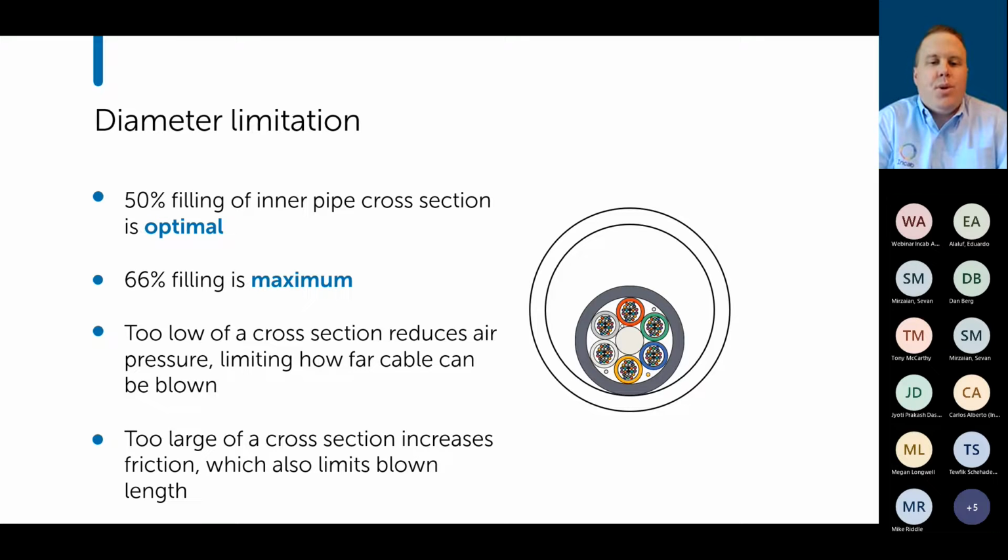Flip side, if we go to too large of a cross section, now we essentially don't have enough space for the air to fit, and we're going to ramp up the amount of times that cable is going to actually touch the inside of the duct. Again, more friction, less distance to blow.